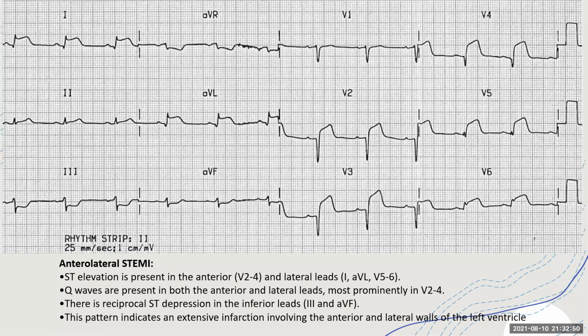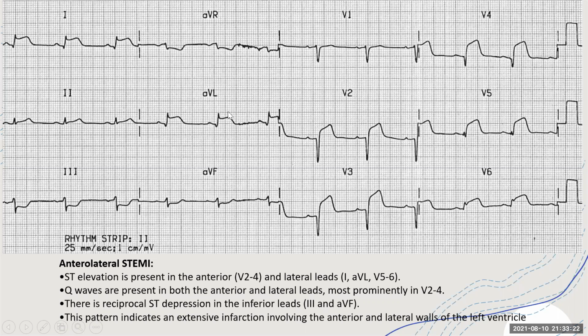Now for anterolateral, there are 2 things you are going to see: anterior and lateral. For anterior, of course, we will look at V1, V2, V3, V4. And for lateral, we will look at lead 1, AVL, V5, and V6. We want to see ST elevation here. In V2, see, big elevations are here, all over V2 to V4. Now lead 1 also: ST elevation is here.